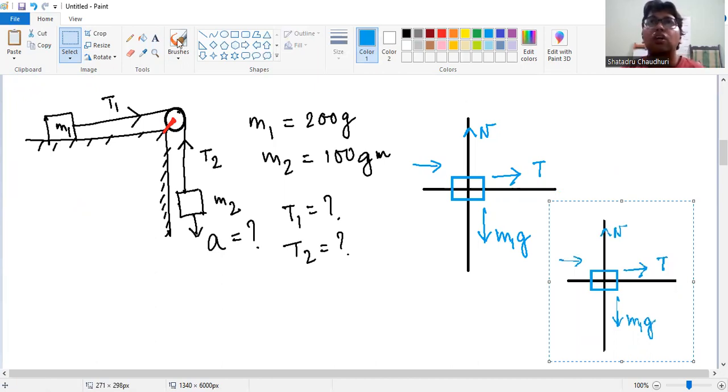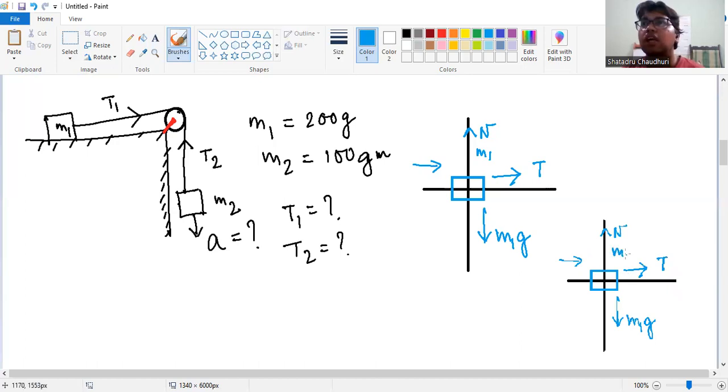Now this was the mass M1. Now this will be the mass M2. So M2 मास के लिए our free body diagram will be M2G.